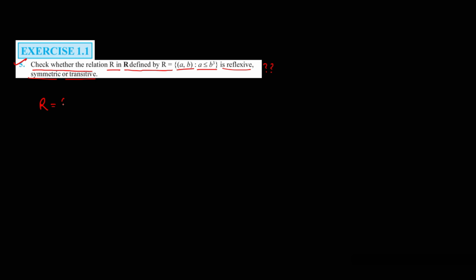For all a belongs to R, take any number a, a is not less than or equal to a cubed. This statement is false. So R is not a reflexive relation.